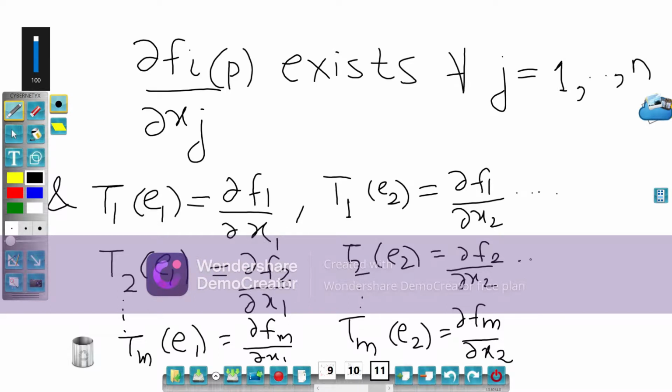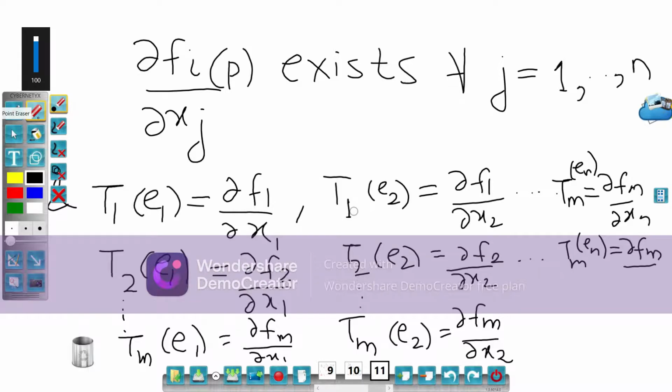Continuing this way, t1 evaluated at en will be dou f1 upon dou xn, then t2 at en is dou f2 upon dou xn, so on and so forth.